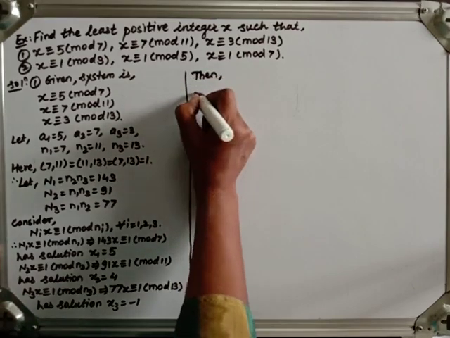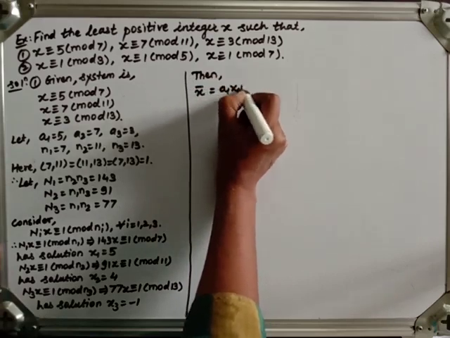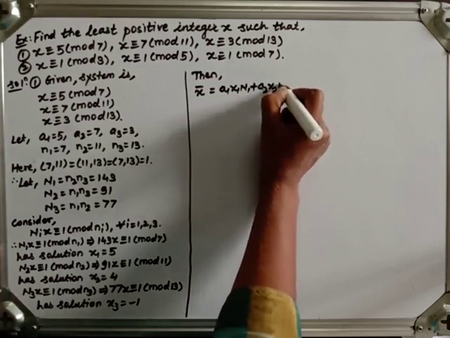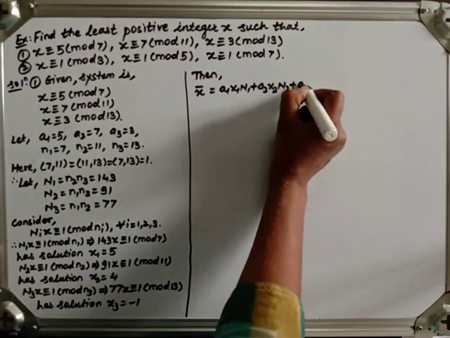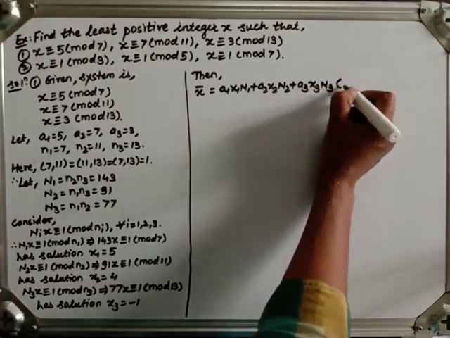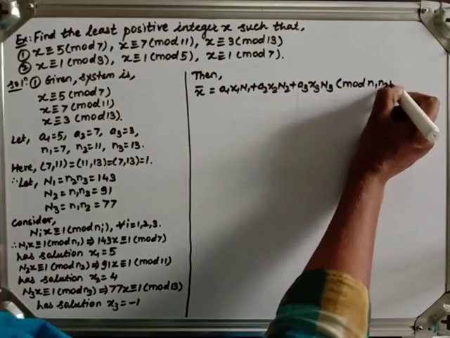Then x bar is a1 x1 N1 plus a2 x2 N2 plus a3 x3 N3 modulo n1 n2 n3.